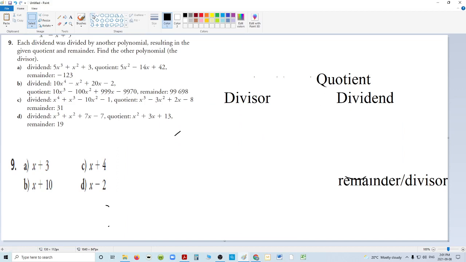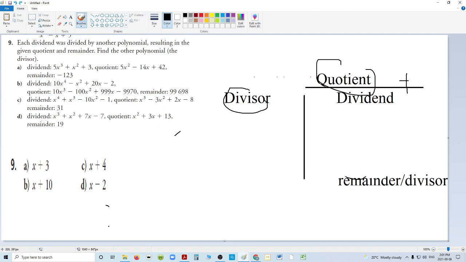Okay, so that again means when I take my dividend and I divide it by my divisor, I get a quotient plus the remainder that could not be divided by the divisor. Let's write this out in words. I'm going to get rid of the circle.